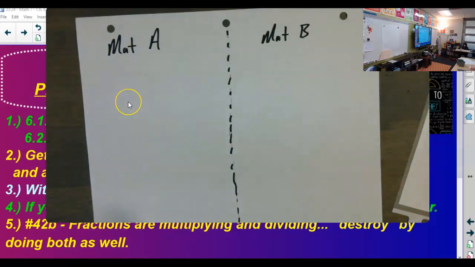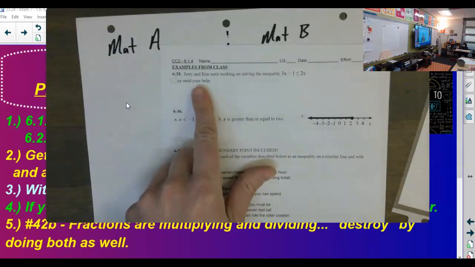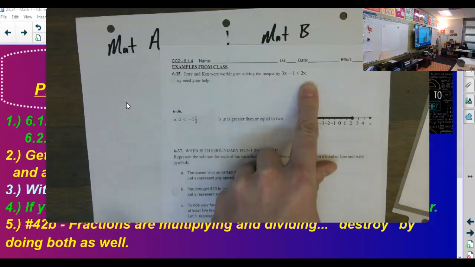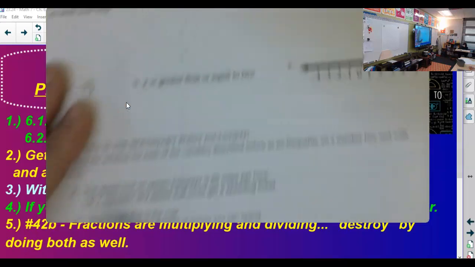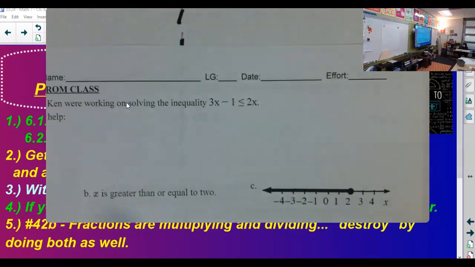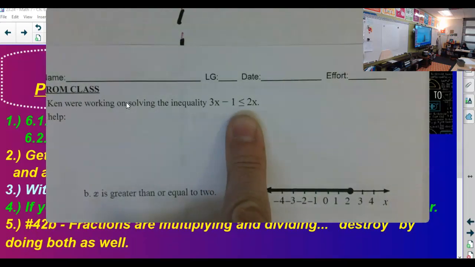So the problem that you have on your handout in front of you with Jerry and Ken, if you would like to build Matt A for the left side of the expression and a Matt B for the right side, but now what symbol would go between Matt A and Matt B? What symbol is this? What do we call this? Bethany?